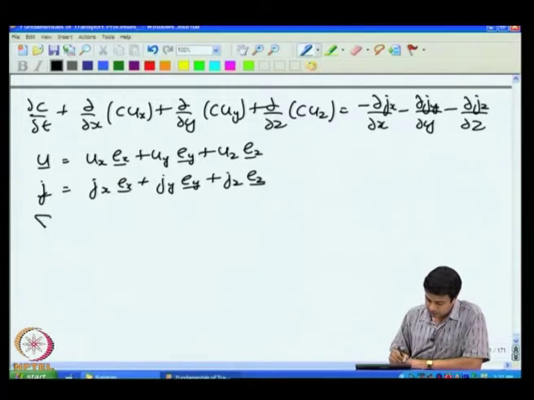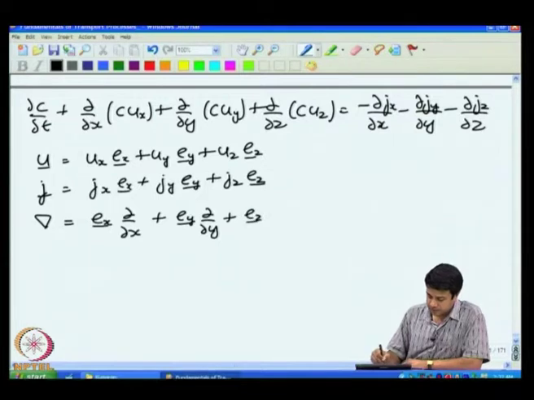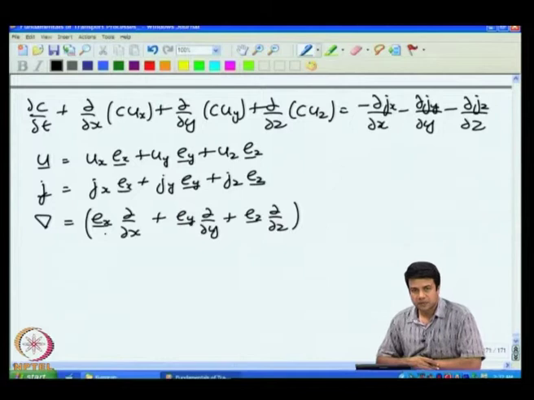This is called the gradient operator, which is Ex d by dx plus Ey d by dy plus Ez d by dz.